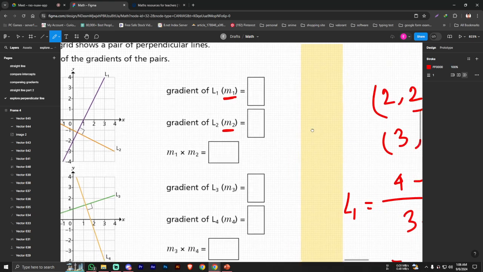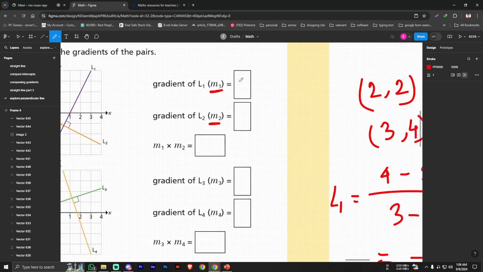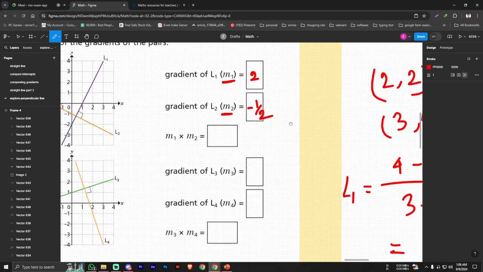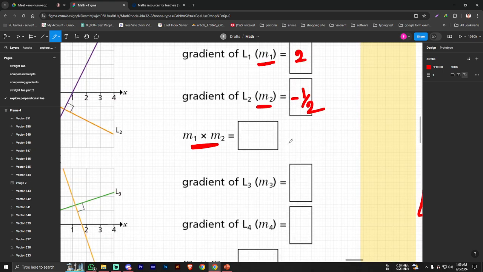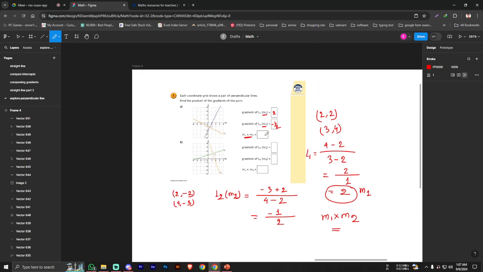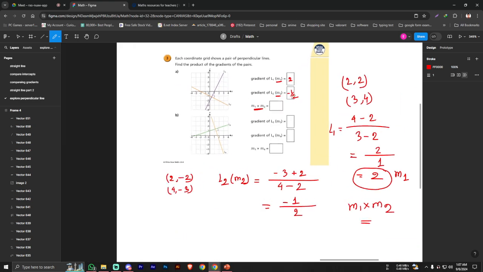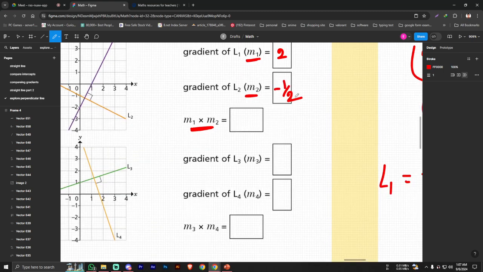So now we just put the values. We find that M1 is 2, right? And M2 is minus half, right? So can we multiply this? Why did you write negative y2? Negative y2 where? Here. Oh, okay, sorry, negative half.